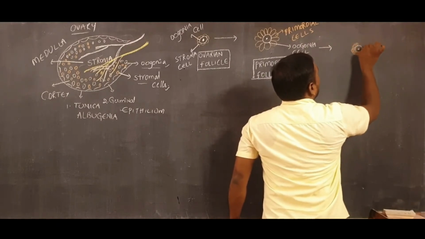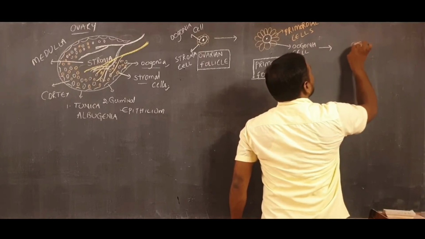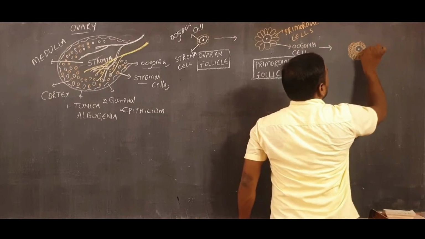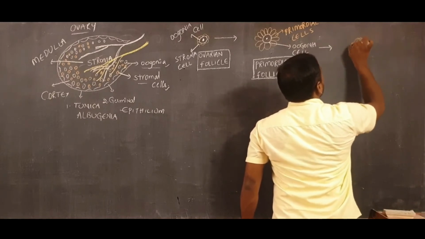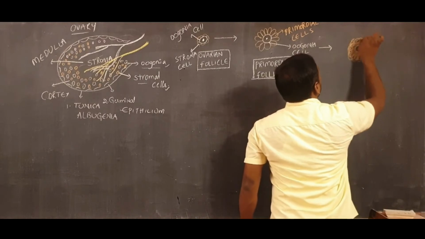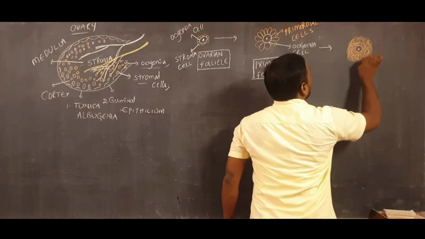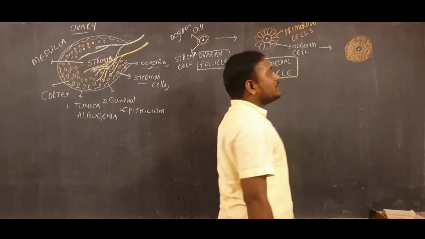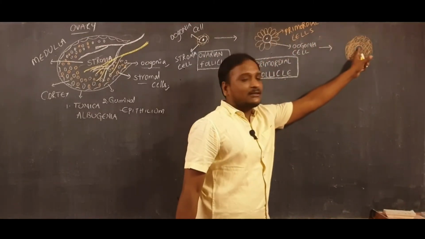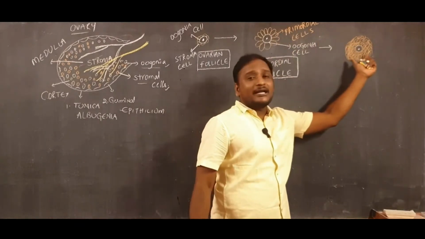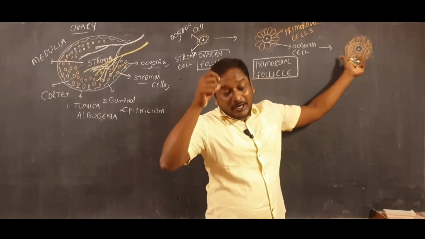Primordial cells now divide and produce a number of cells. This surrounds the oogonia. Now see here, the oogonia cell is maintaining the same number, but the primordial cells are increasing in number.